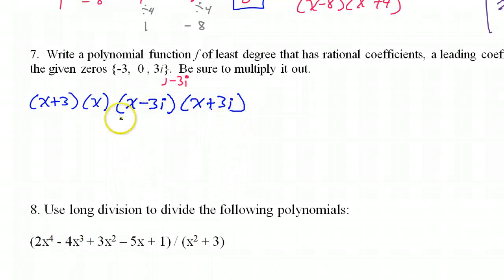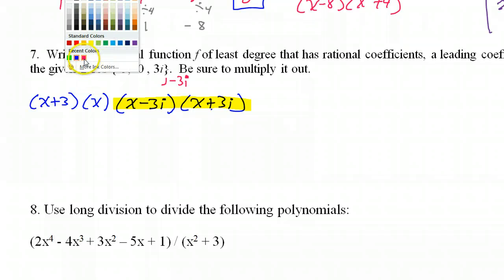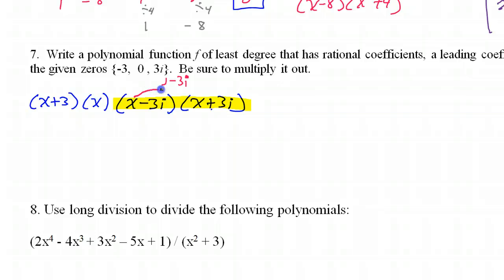So if I were you, I would start by multiplying these together. So if I do that, it'll look like this. I will multiply x times everything. Distributive property. So x times x is x squared. x times 3i is 3ix.